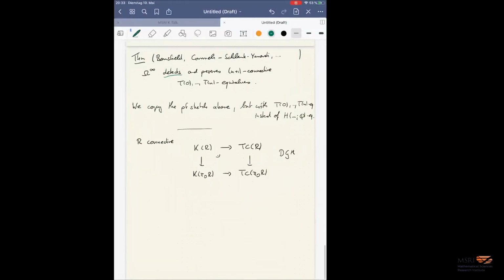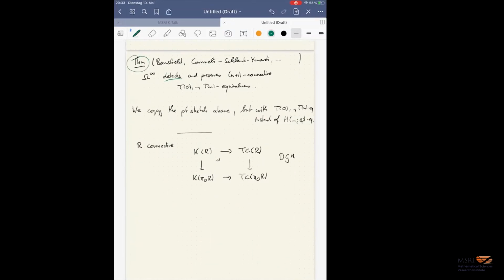So in this theorem I mentioned here, that omega infinity detects something about T(0) to T(n) equivalences, I want to do this in several steps. First of all, I can trace what are v_n-periodic homotopy groups and v_n-equivalences, and a map of spectra is a v_n-equivalence if it is a T_n-equivalence, more or less by definition.